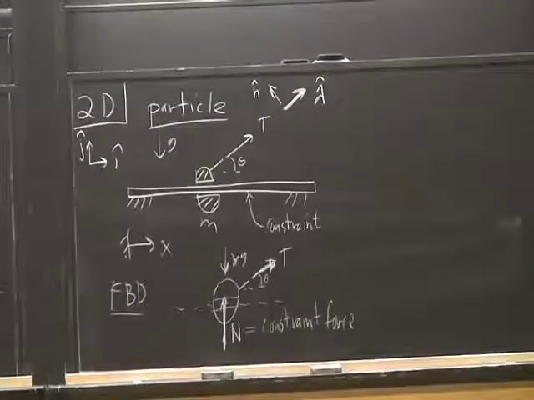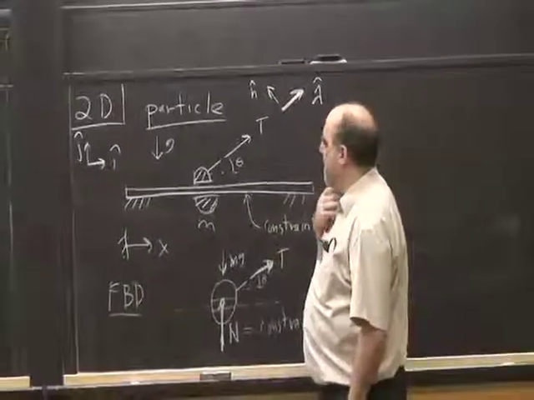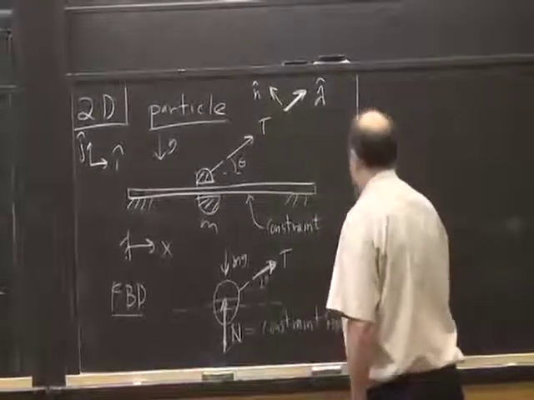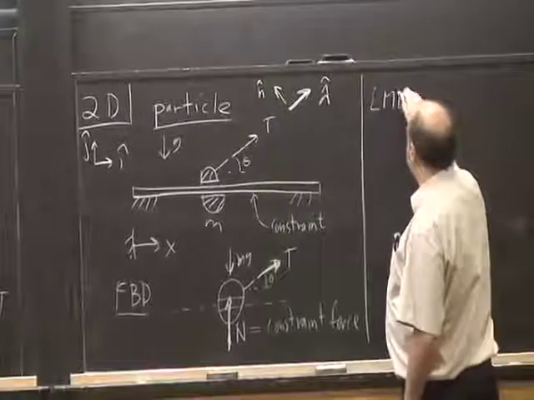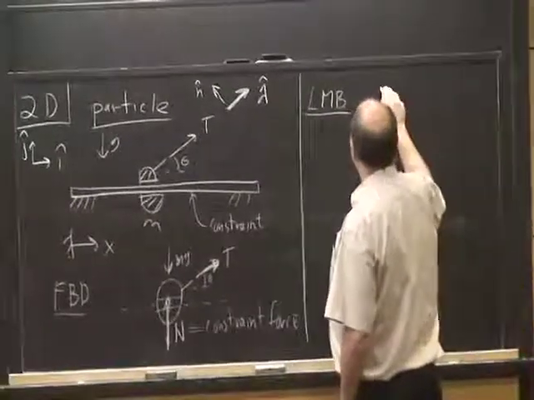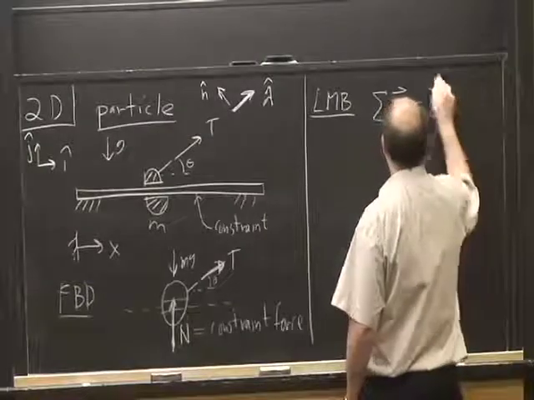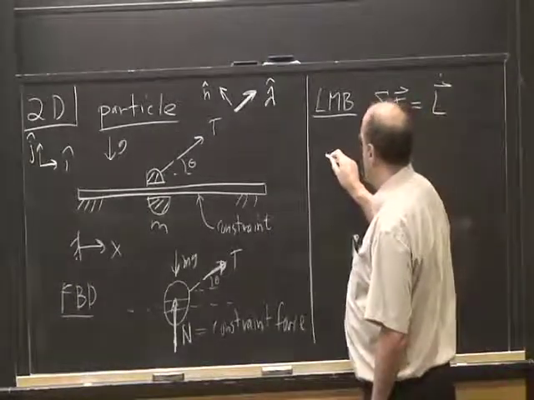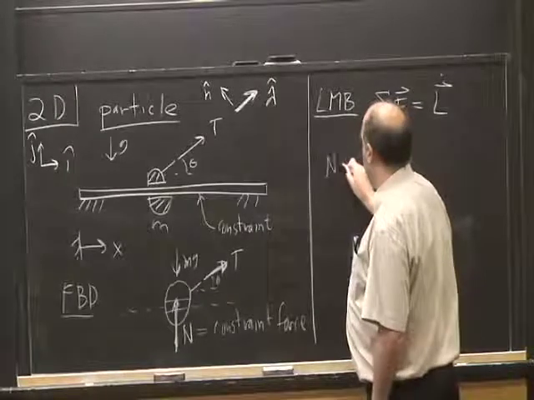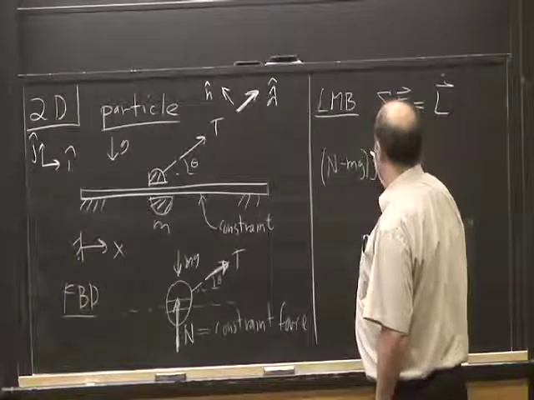So if we now want to do this problem more formally, getting our answer that the acceleration is T cosine theta divided by m, we can take that free body diagram and write linear momentum balance for this system. And linear momentum balance says that the sum of all the forces is equal to the rate of change of linear momentum. What are all the forces? I've got N minus mg multiplied by j.